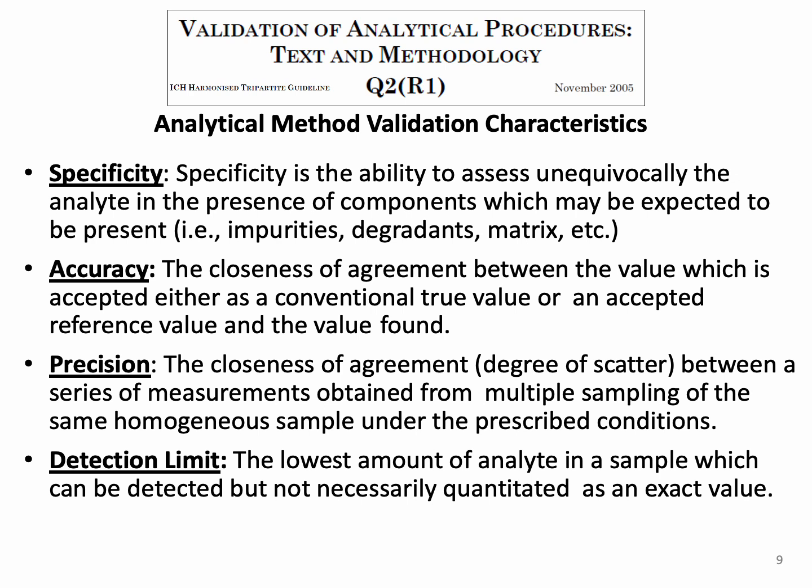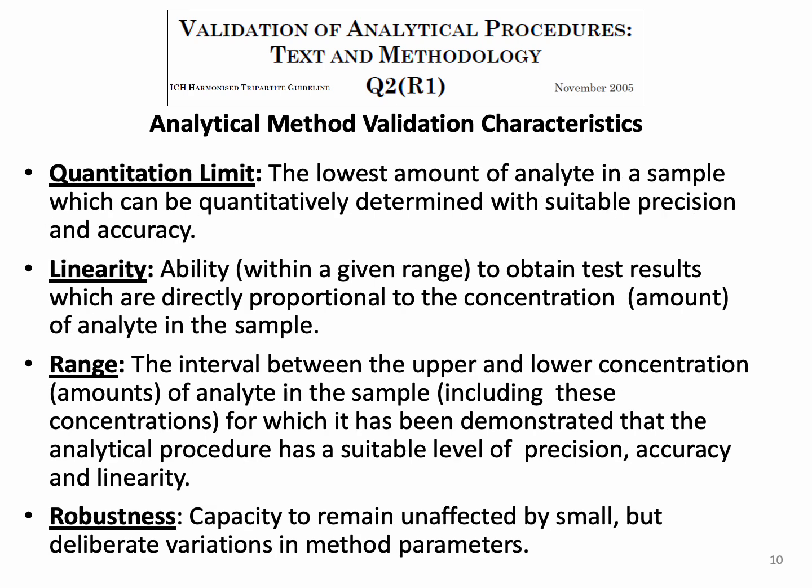And we can talk about detection limit, which is the lowest amount of analyte in a sample which can be detected but not necessarily quantitated as an exact value. So now we have other definitions such as quantitation limit, which is the lowest amount of analyte in a sample. We have linearity, which is the ability to obtain test results which are directly proportional to the concentration.